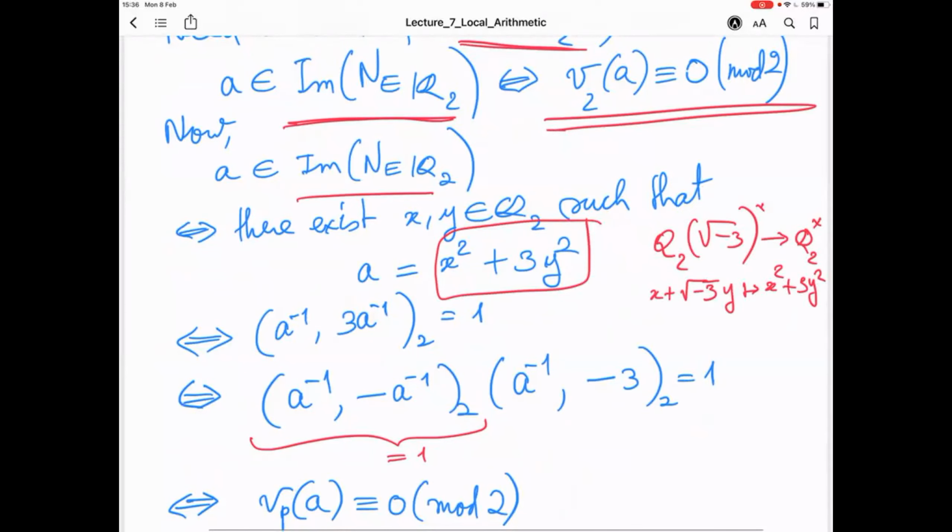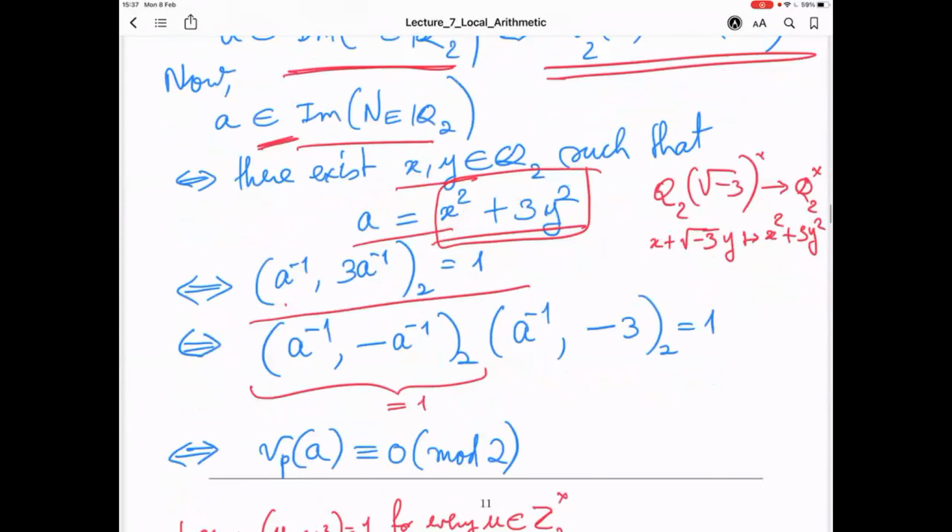So if it's in the image of the norm map, if it's a norm, then there exist x and y such that A is equal to x squared plus 3y squared. As before, being of this form is the same as saying that this Hilbert symbol is equal to 1.